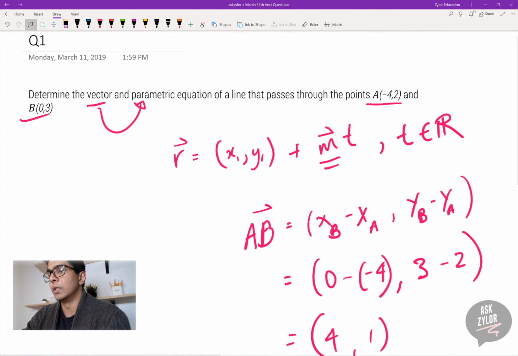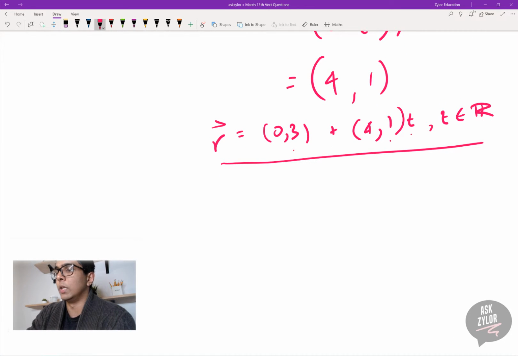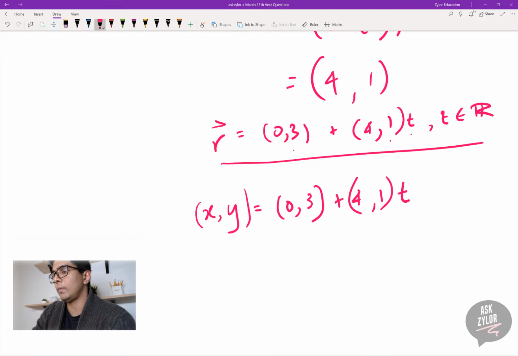The next step is to find my parametric equation. My parametric equation should be in terms of t. So I'm going to replace r with x, y, which is equal to my vector equation. Then I'm going to write an individual equation for x and an equation for y.